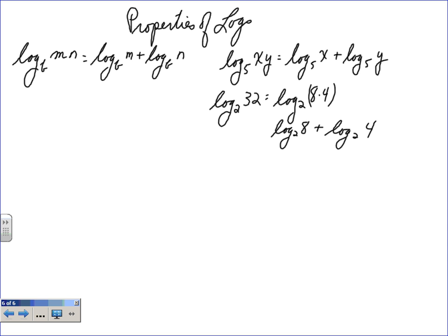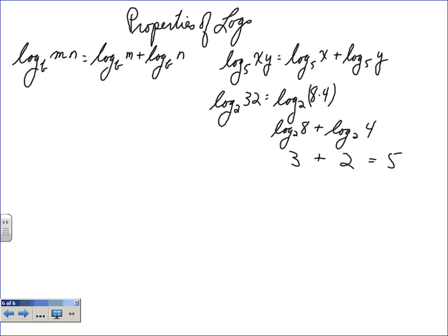And what's log base 2 of 8? 3. Log base 2 of 4 is 2. And 3 plus 2. Okay? Just to show you how the property works.